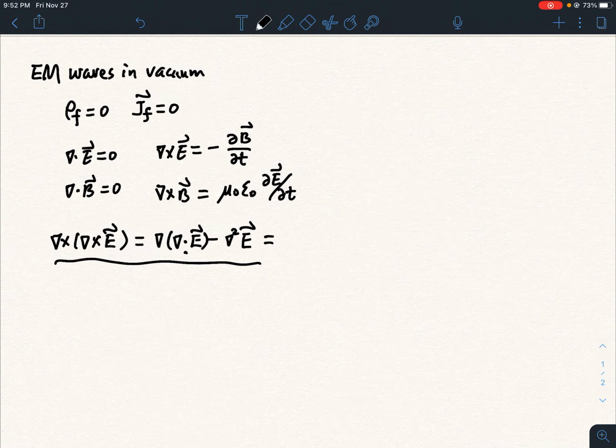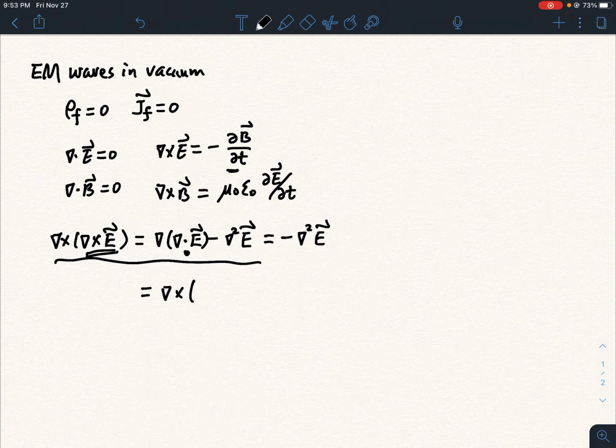Because del dot E equals 0, this side is just negative del square E. And because del cross E is minus partial B over partial t, this is del cross of minus partial B over partial t. Because one is the position derivative and the other is the time derivative, we can exchange them.